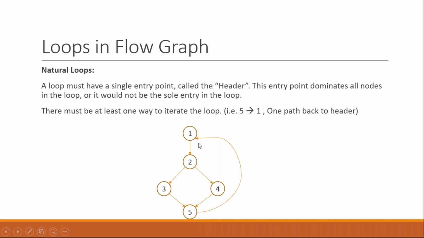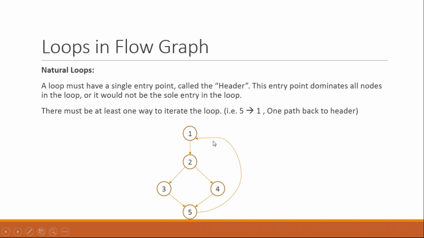It would not be the sole entry in the loop. If there is no loop in my given question, then there is no meaning of the header node, or of the natural loop or dominating loop concept.